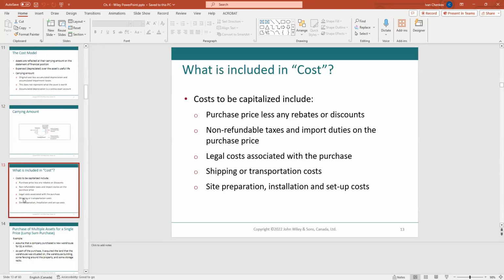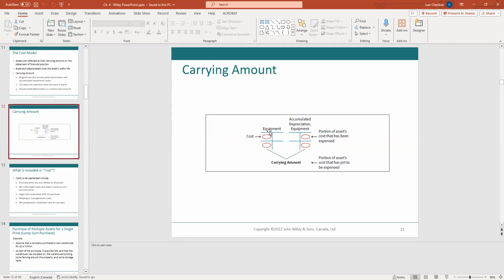The question is, so now we have problems, right? We have to identify what's the cost, and then we have to measure somehow how much depreciation we have to transfer over the life of the asset every single period.